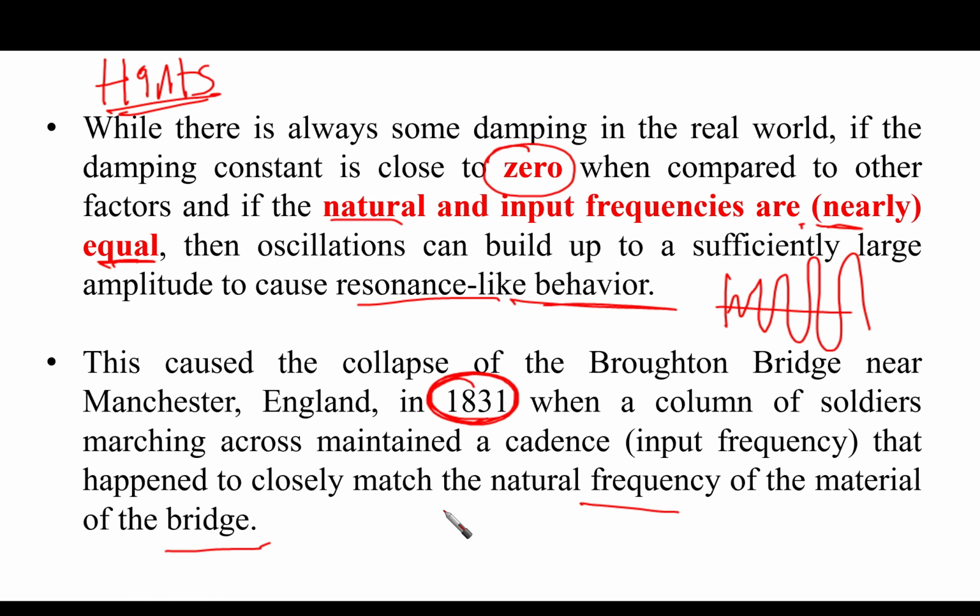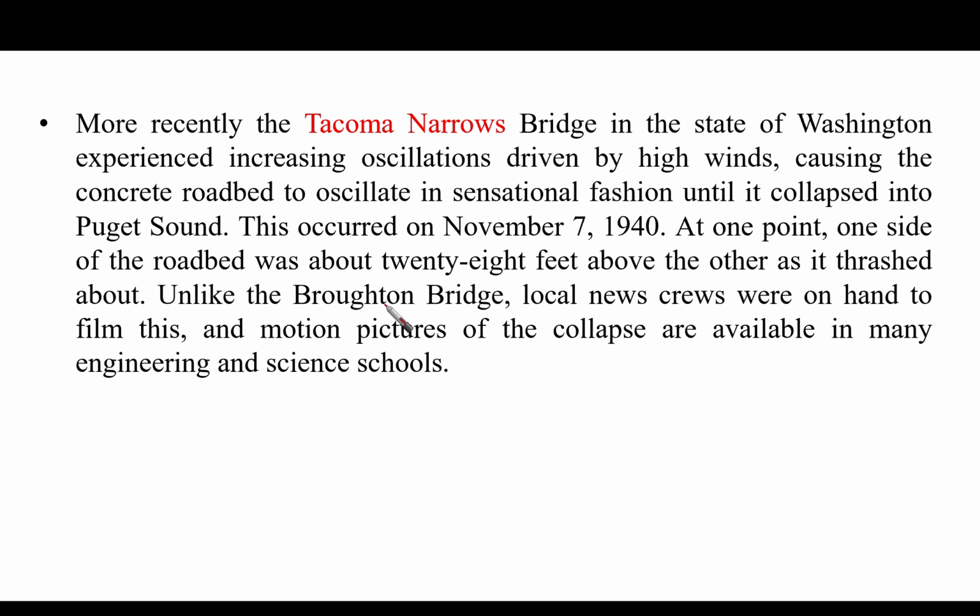Then the bridge collapsed. Another important case happened with the Tacoma Narrows Bridge, a very famous bridge failure in 1940 in the United States, and it was due to resonance as well.